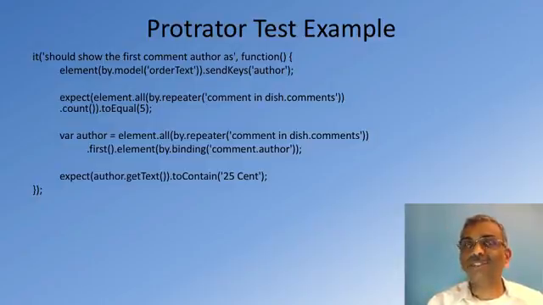That's a test. So when I execute this test, I am simulating a user's interaction with my web application in the comments part of that particular dish, and then I'm extracting the author's name and checking to make sure that it matches or contains 25 cents.